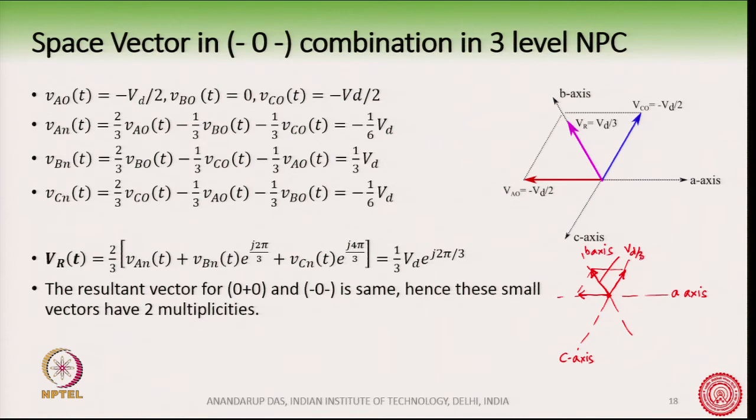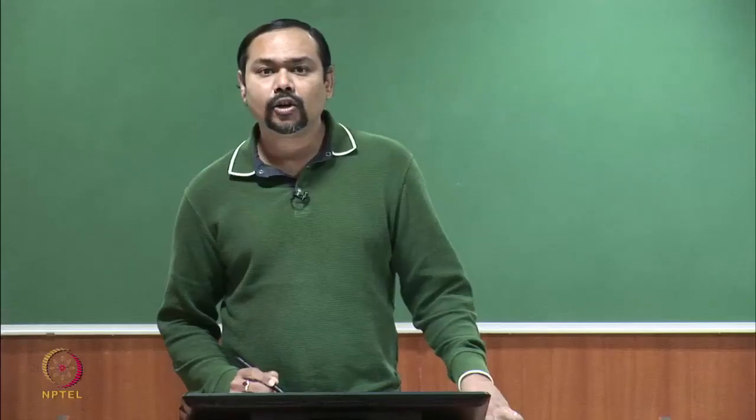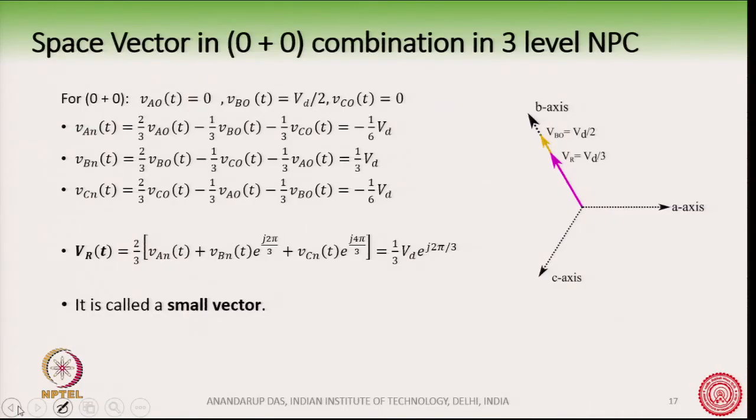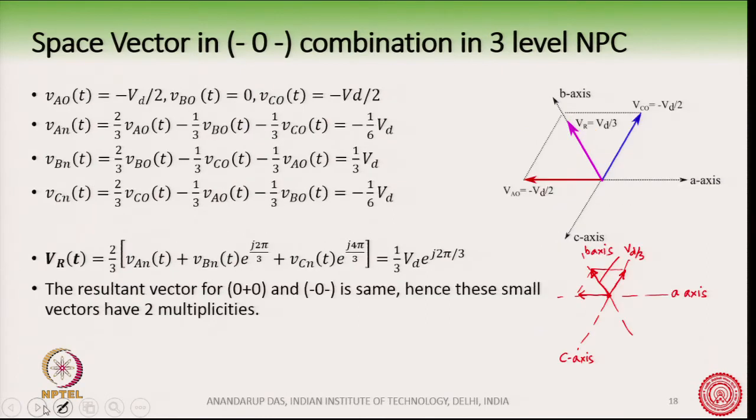Okay. So, without even going through the detailed mathematics like this, diagrammatically the resultant can be easily obtained. You can also do the same thing for the previous combination, that was 0 plus 0. So, this was for the minus 0 minus combination. So, how will it look like for the 0 plus 0?